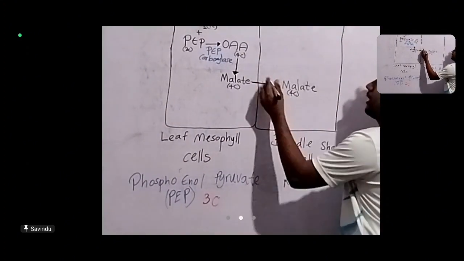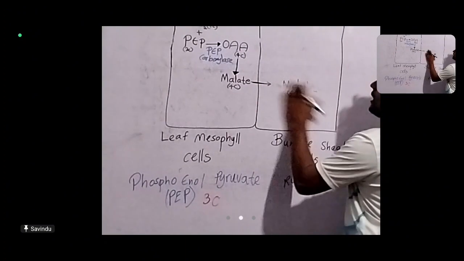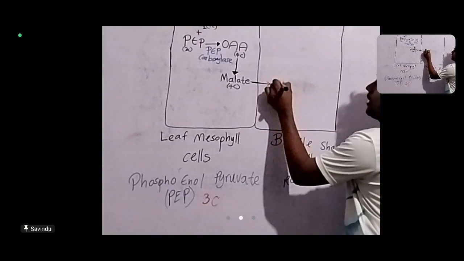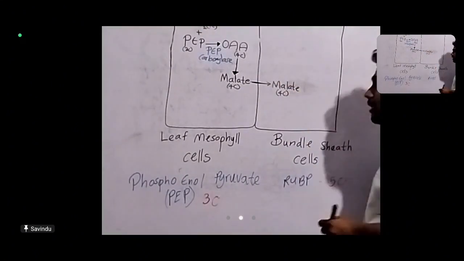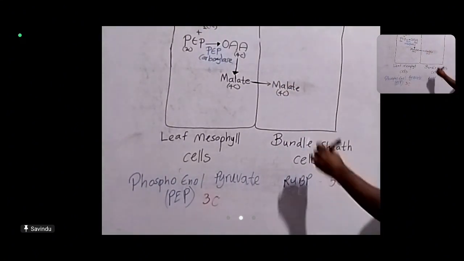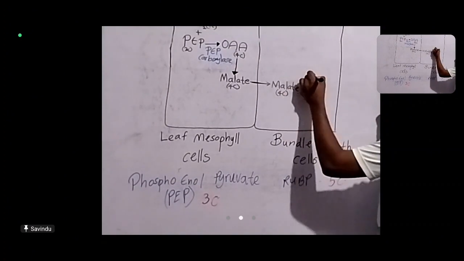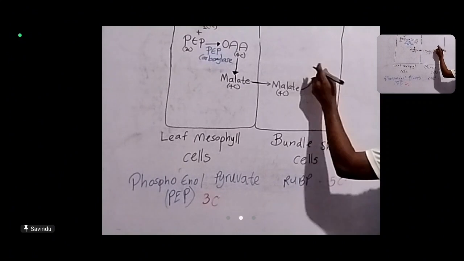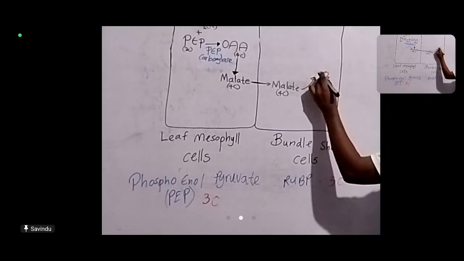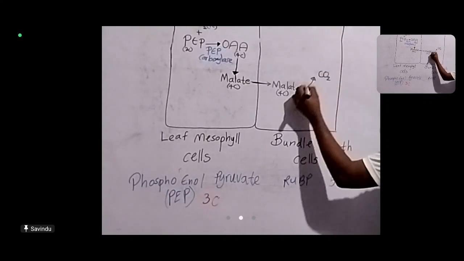In here, in bundle sheath cells, what happened? Malate releases carbon dioxide.